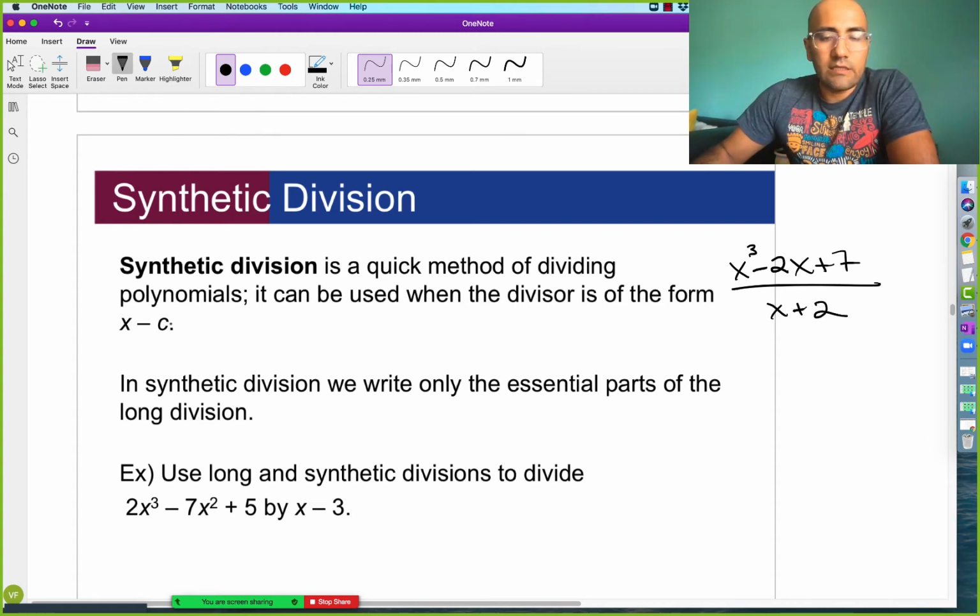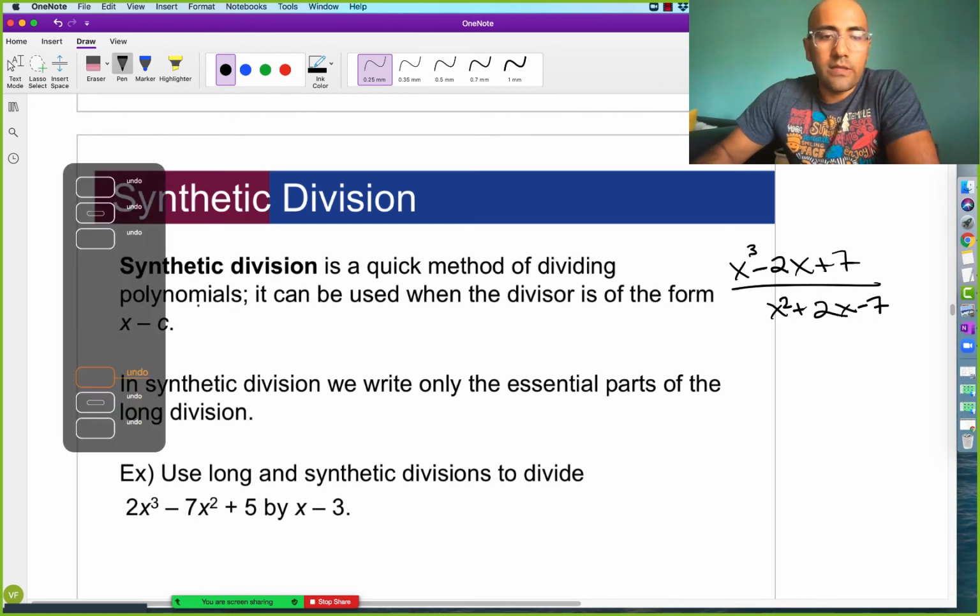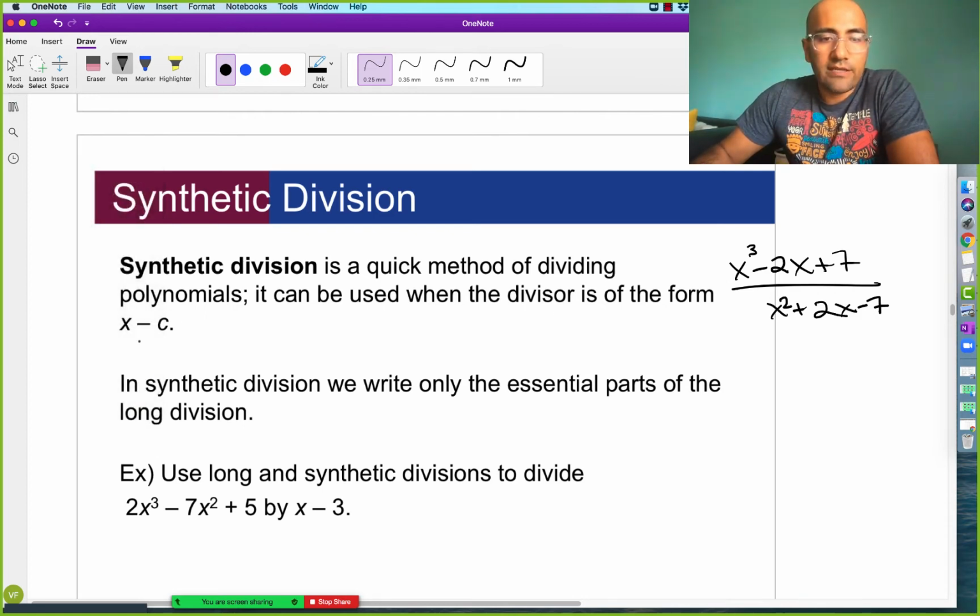Because we can easily rewrite this as x minus a negative 2. Still fits the form. Okay? But if the original division question is x squared plus 2x minus 7, nope, synthetic division does not apply to this. Good? So it's really only applicable to cases where the divisor fits this form, x minus c.